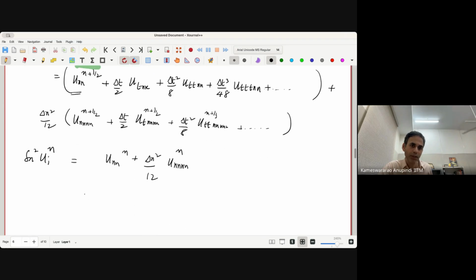Again, we want to expand these two about n plus half. And we realize that to get to n from n plus 1, we need to go in the minus delta t by 2 step, right? That means the expression is going to be exactly similar to this one, except that the odd derivatives will have minuses and the other derivatives will have plus.